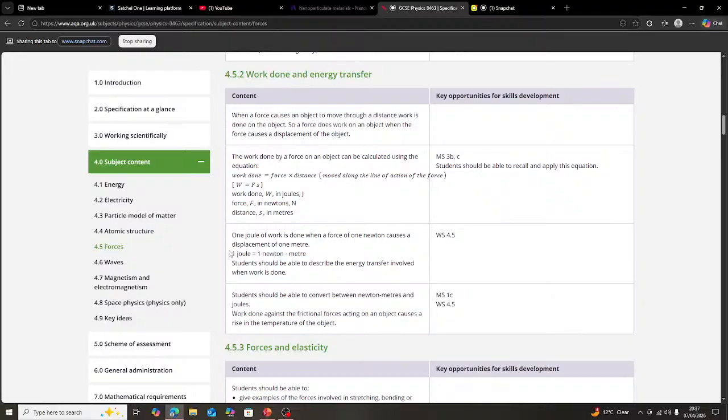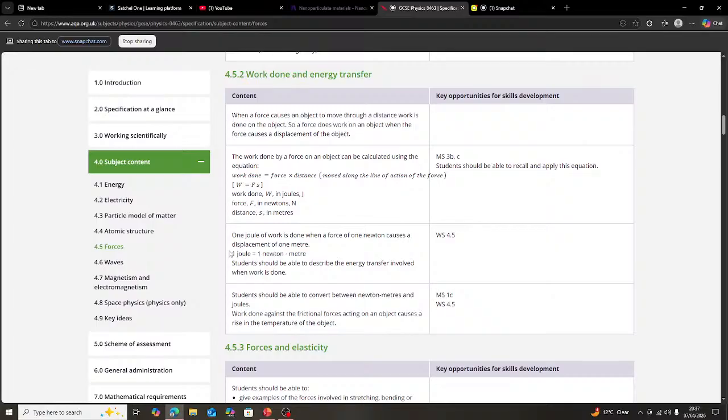So what is work done? Work done is the total energy used, isn't it? No, that's energy transferred.